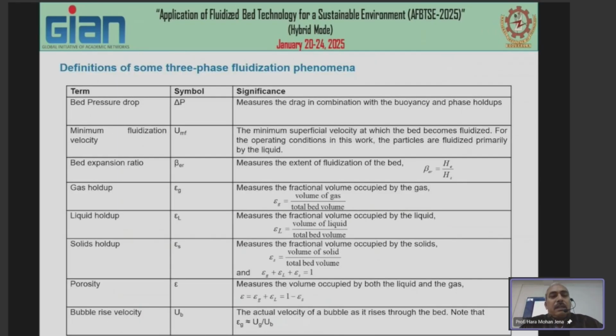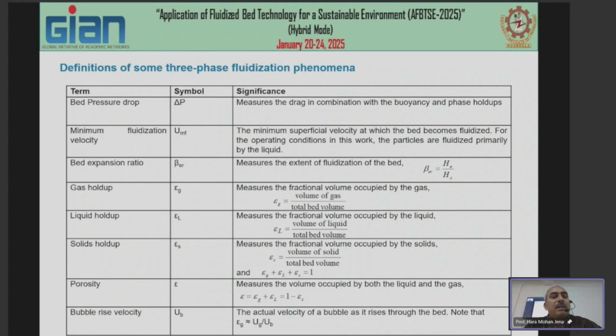Next, the definition of some three-phase fluidization phenomena. It is classified as a term, symbol, and significance. The bed pressure drop, usually represented by delta P, measures the drag in combination with the buoyancy and the phase hold-ups. In two phase, only the drag and the buoyancy are of concern.